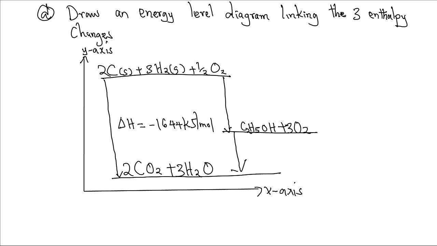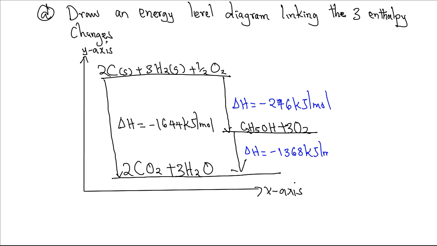That is delta H is equal to negative 276 kilojoule per mole, and this is delta H is equal to negative 1368 kilojoule per mole. So that is the illustration in the energy level diagram. So we have this as the reaction path.